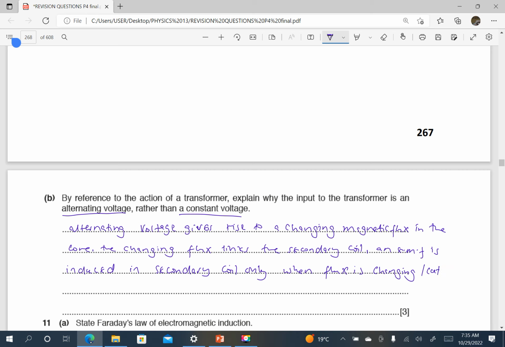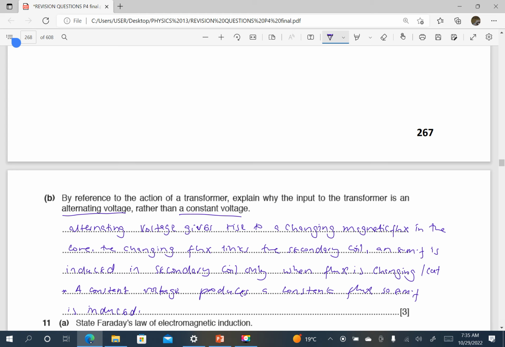We know that a constant voltage produces a constant flux. This is just by the way. A constant voltage produces a constant flux, so no EMF is induced.